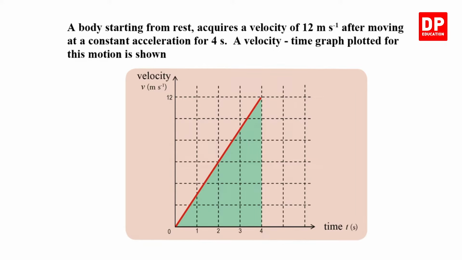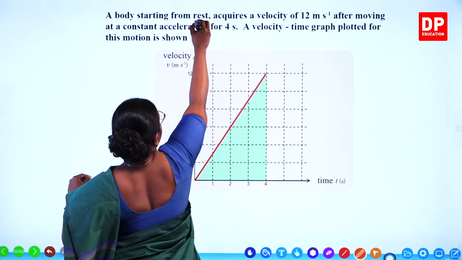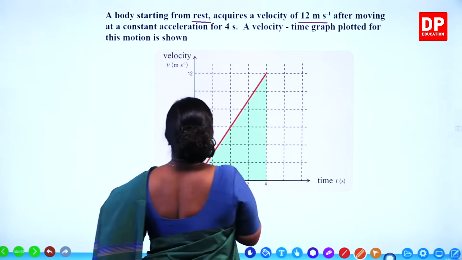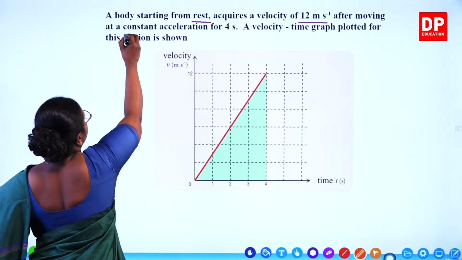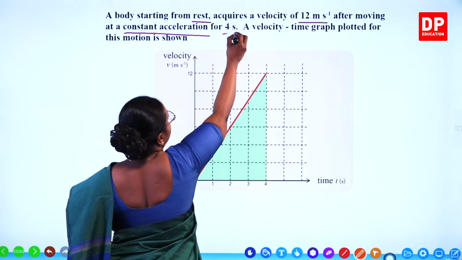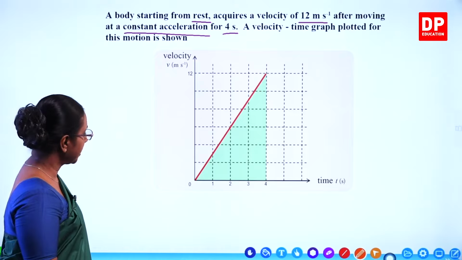So here another velocity time graph is given to you. A body starting from rest acquires a velocity of 12 meters per second after moving at a constant acceleration for 4 seconds. You can see the velocity time graph.